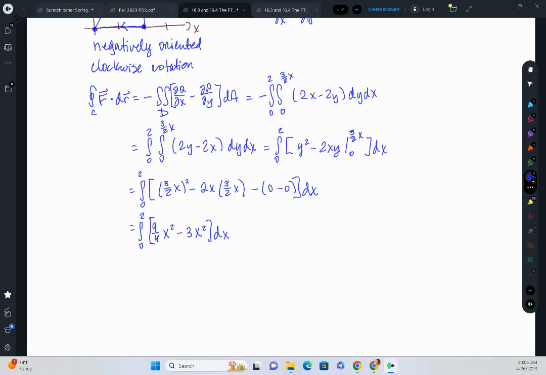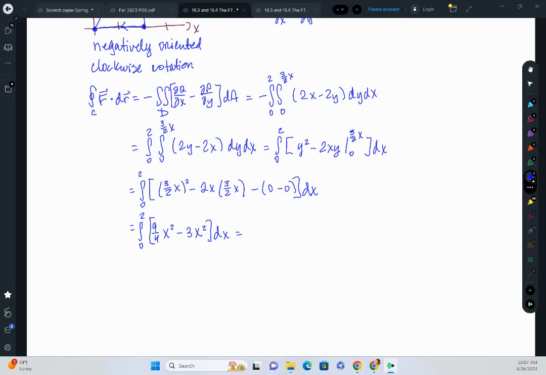I could rewrite it or not. They both have an x squared term, so I could combine them and then integrate, or I could just integrate them separately. Turns out it's easy enough to just integrate them separately. So I'm going to go ahead and do that.